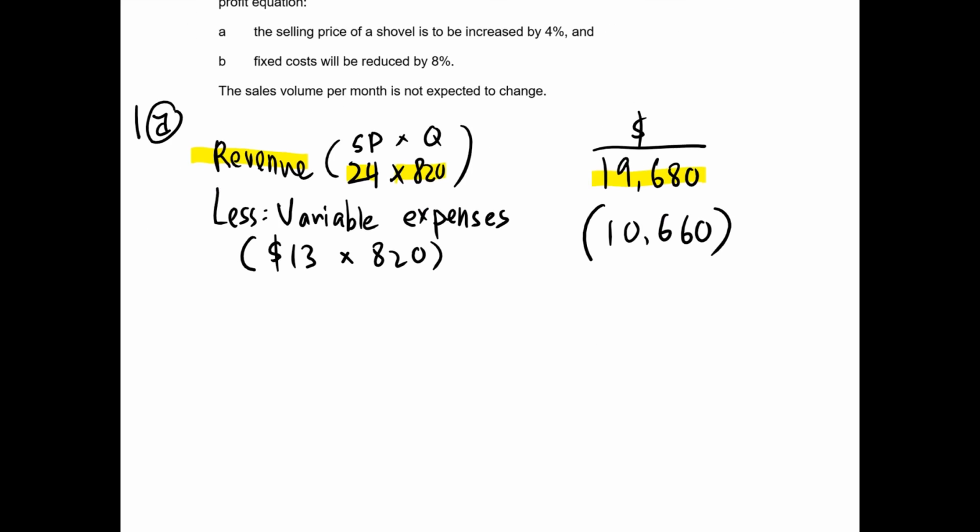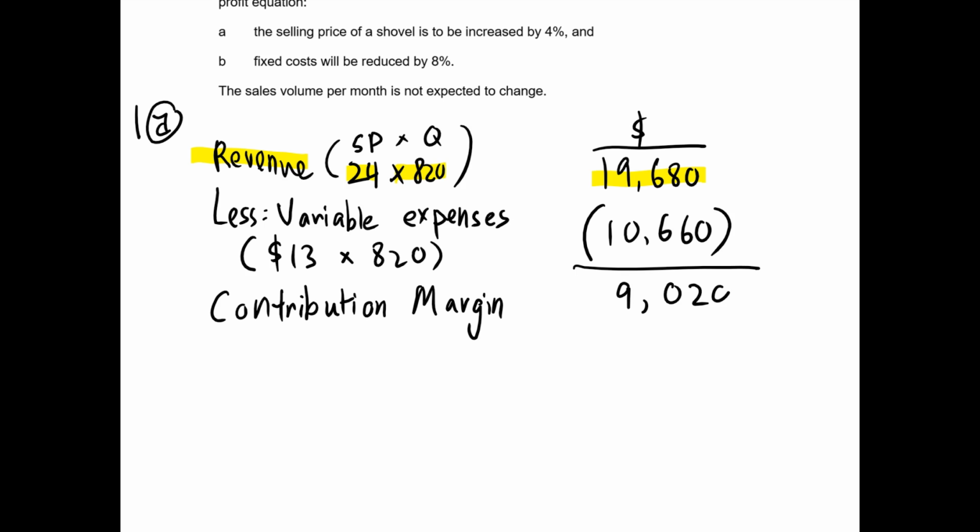Revenue less variable expenses, you will get something called contribution margin. Contribution margin equals revenue minus variable expenses. So 19,680 minus 10,660, you will get 9,020. Your contribution margin is 9,020.